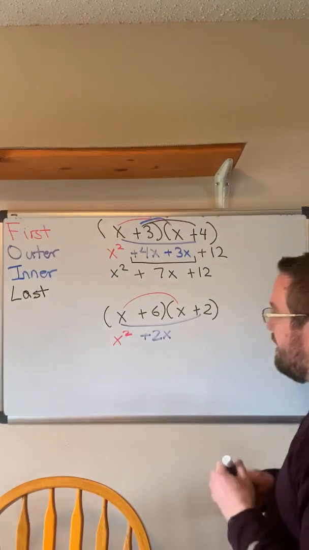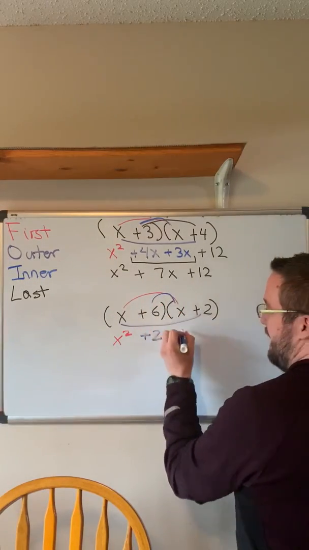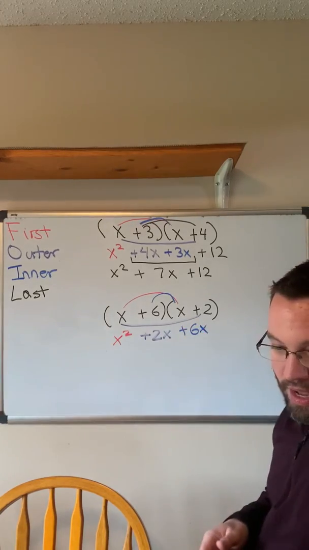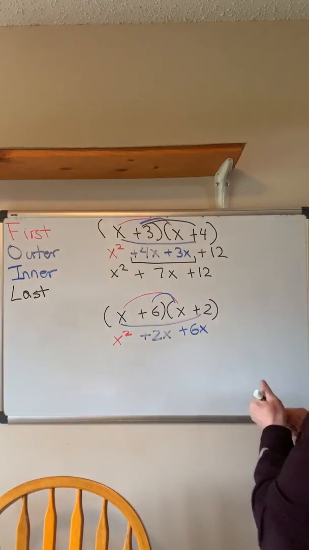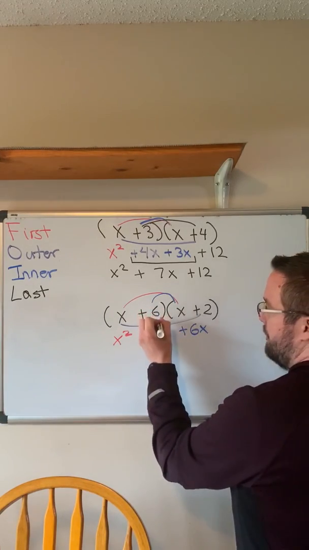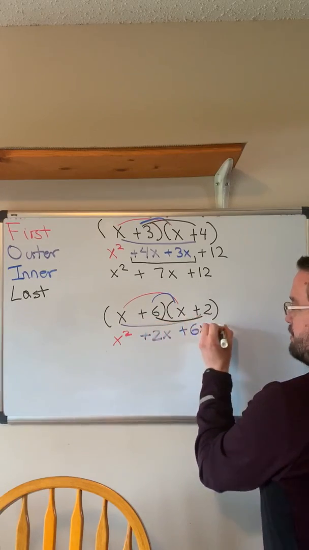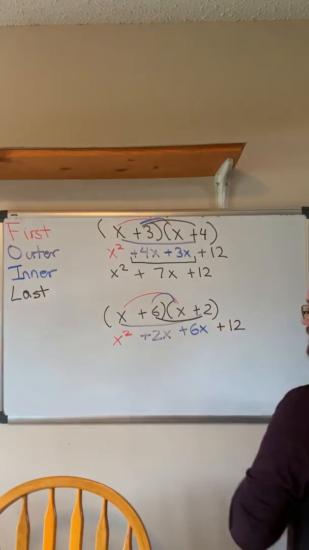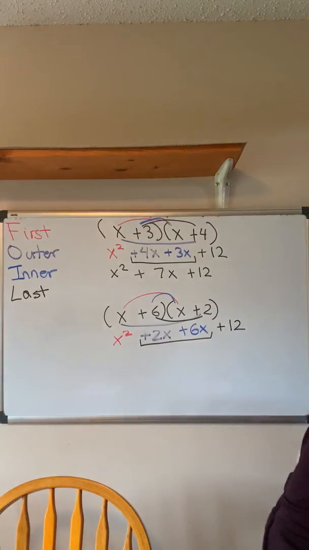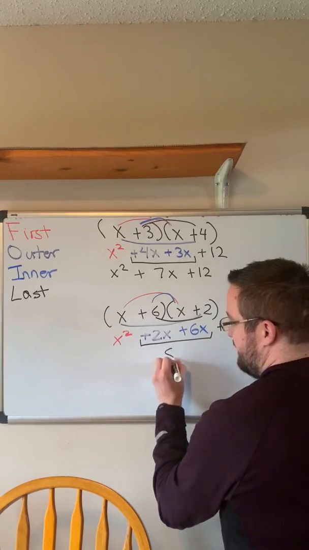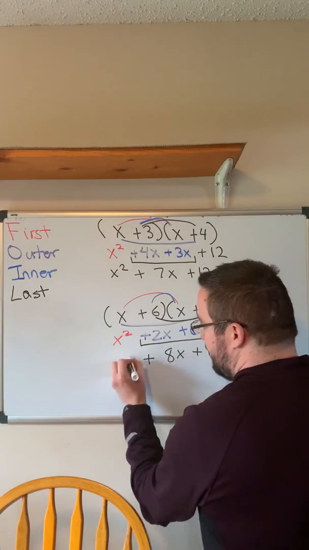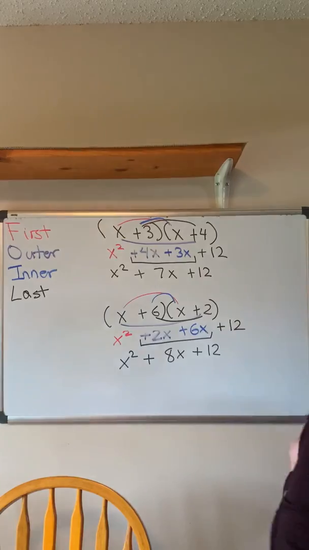My inside terms is going to be 6 times x, which is going to give me 6x. And my last terms here are going to be the last of each binomial. So I've got 6 times 2, which is going to be a positive 12. And again, I've got my like terms in the middle. 2x and 6x is 8x plus 12 plus x squared, and I am all set.